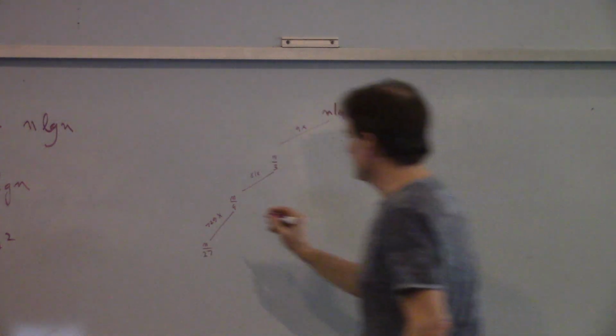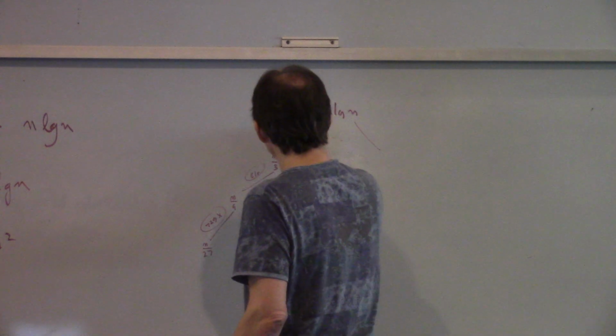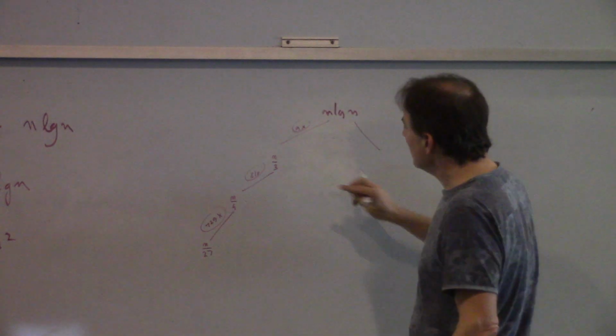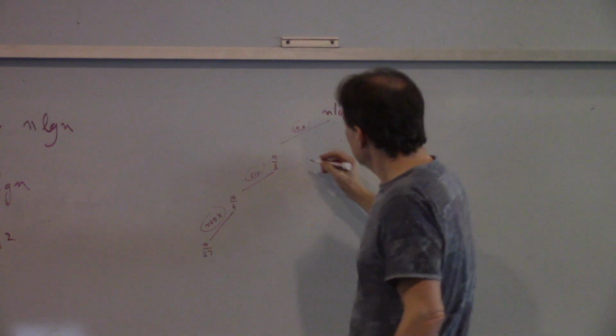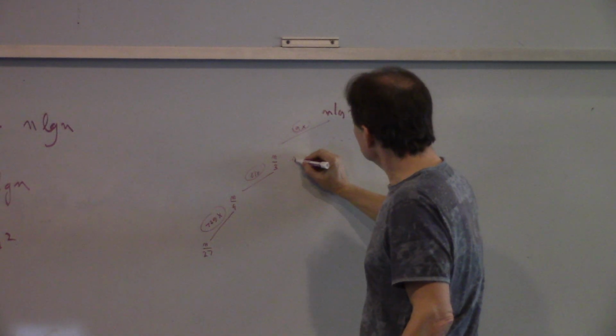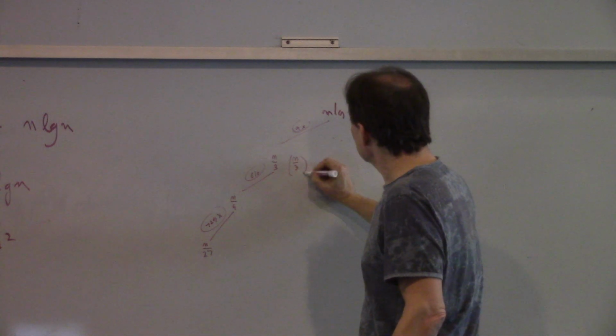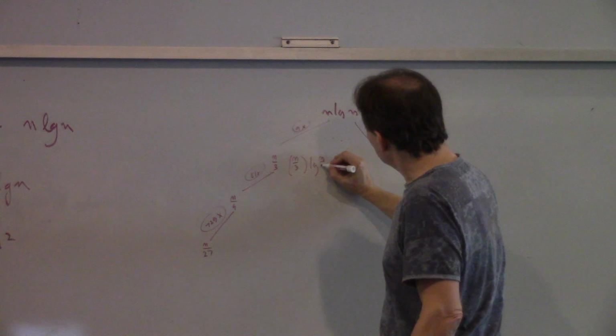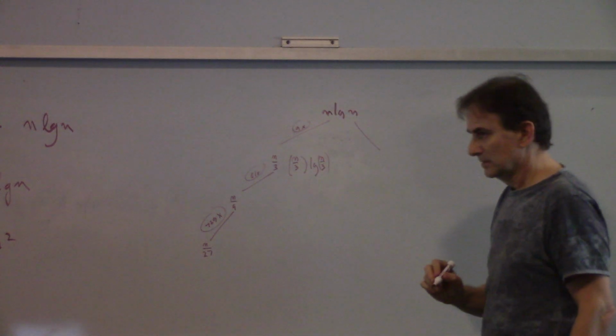729 times, right? So these are our coefficients, these are replications here. Now let's replace this n cubed. This is the input size, but the actual work is going to be n over 3 times lg of n over 3. That's the work.